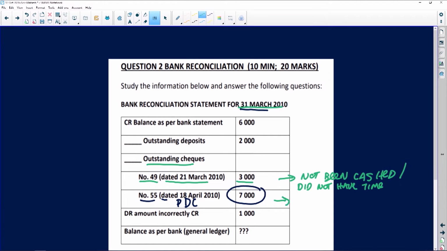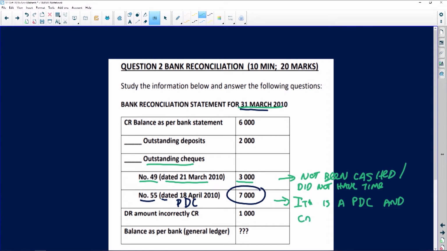So your reason for the second check, right? Why is it outstanding? It is a post-dated check, and the payee can only cash the check. Okay, so I'm not going to write all of that.